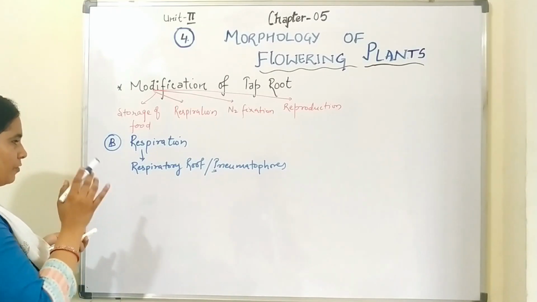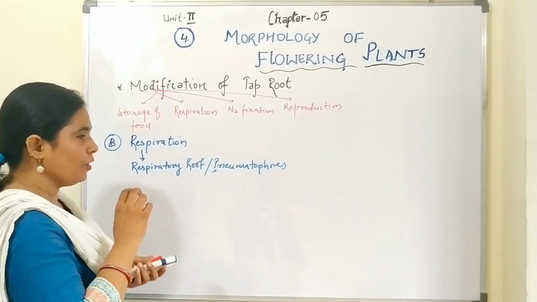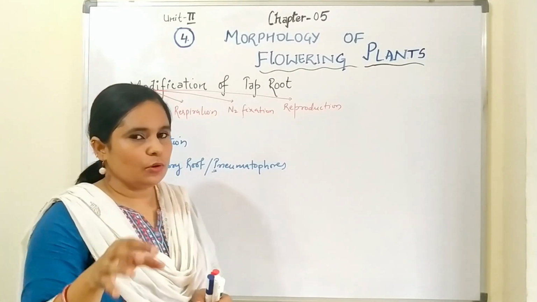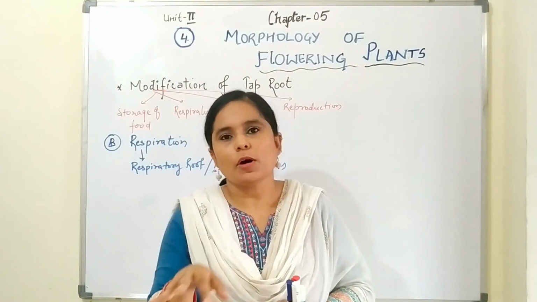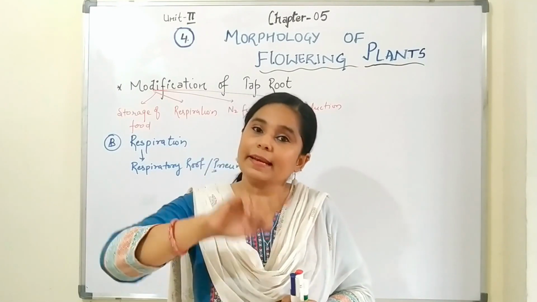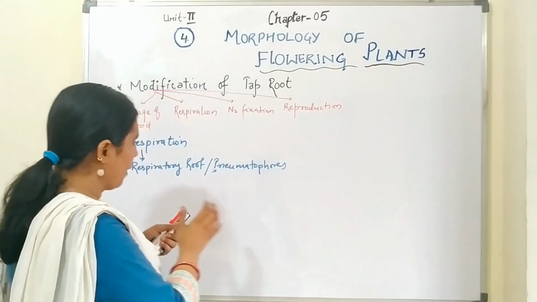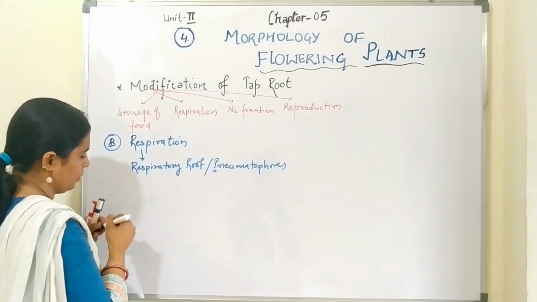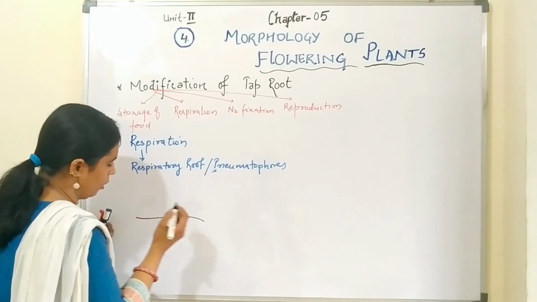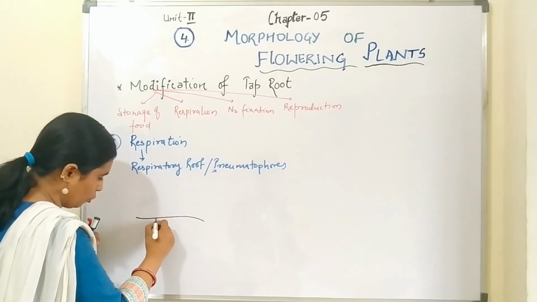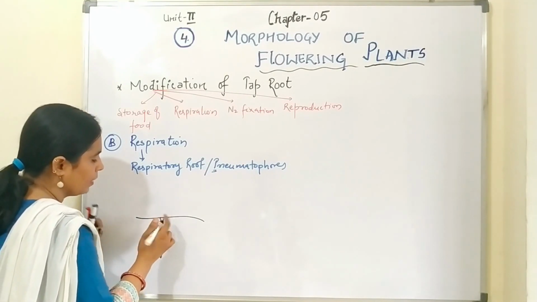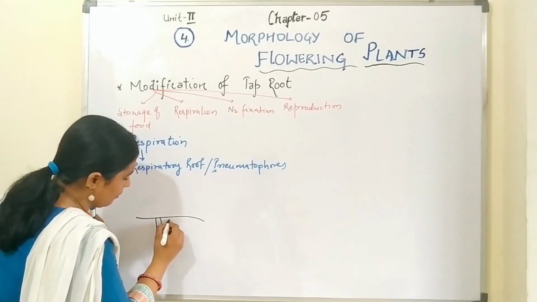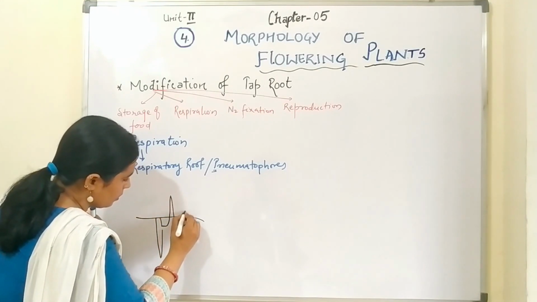So in case of this kind of root, as you know, roots are positively geotropic or positively hydrotropic, and they are negatively phototropic. What happens in this case? This is the ground. Root is like this, primary root, and the roots will start developing like this.